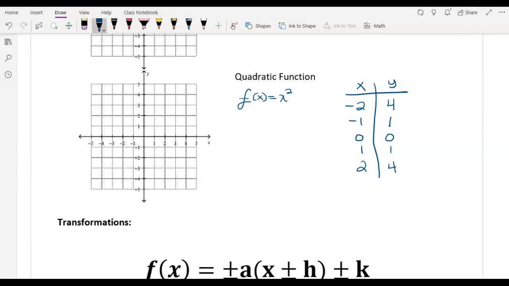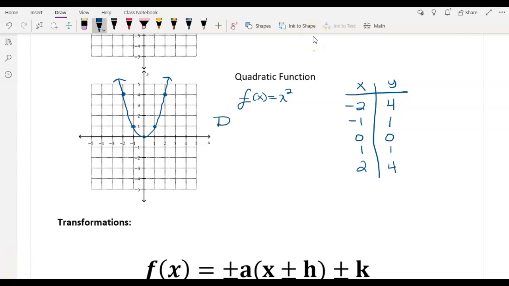So it's similar to the V shape, but it's actually different. So when we plot (-2, 4), (-1, 1), (0, 0), (1, 1), and (2, 4), we actually end up getting a U shape.